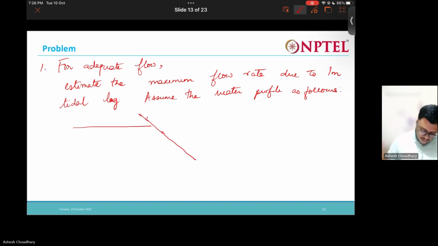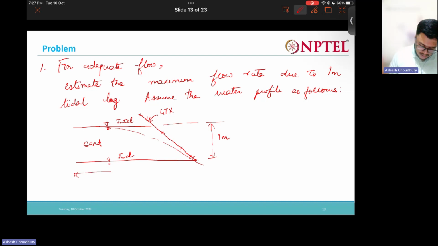This is the geotextile, here we have sand. This is the initial water and this is the final water. This height difference is 1 meter. If you want to draw the phreatic surface, it will be something like this, and this length is approximately estimated as 50 meters.